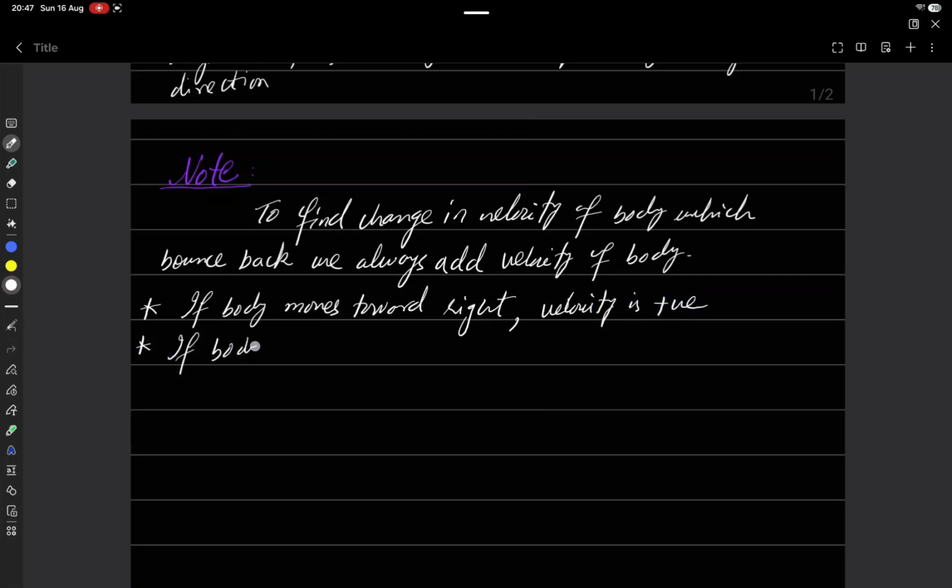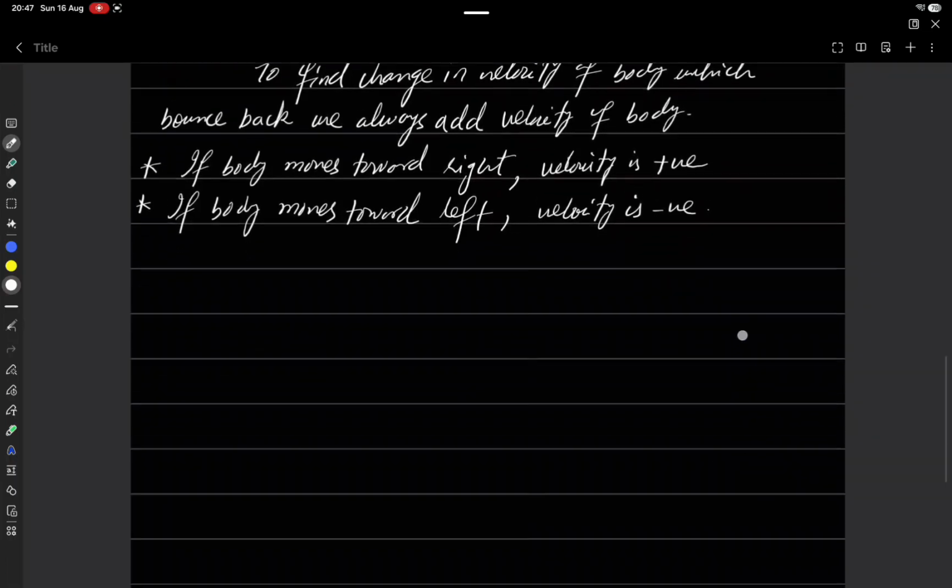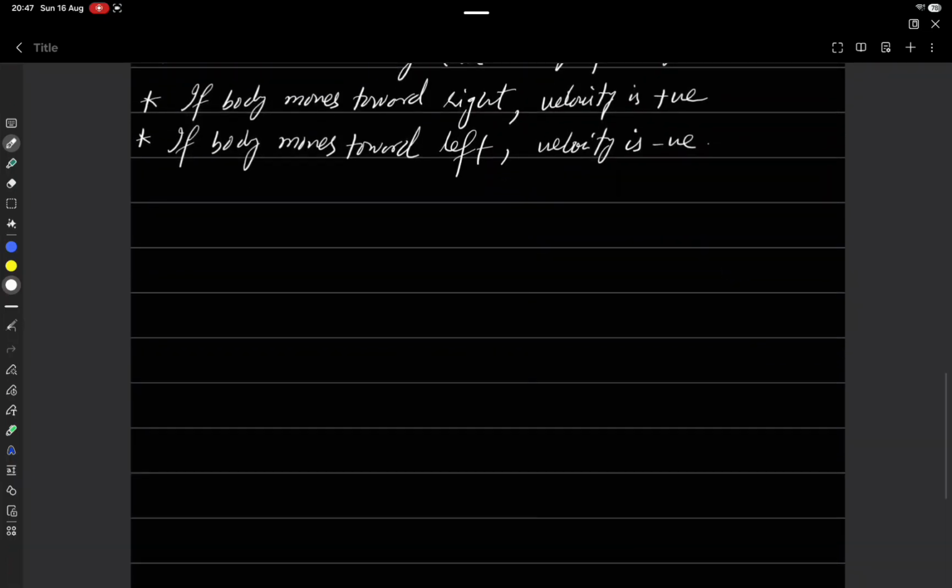If the body moves towards the left, velocity is negative. These all depend upon the convention of sign. If you are taking the velocity towards the right as negative, then left is positive.